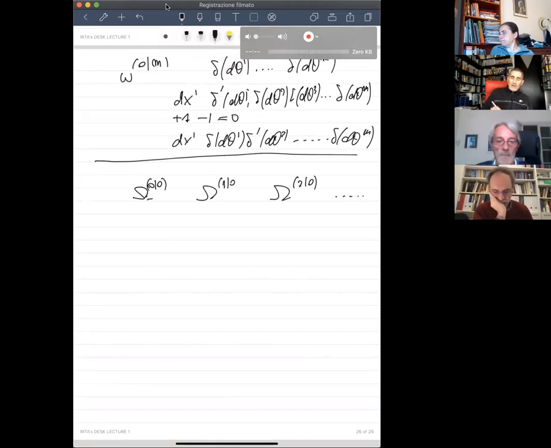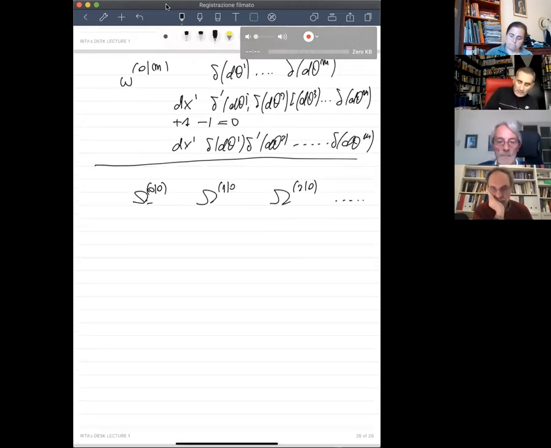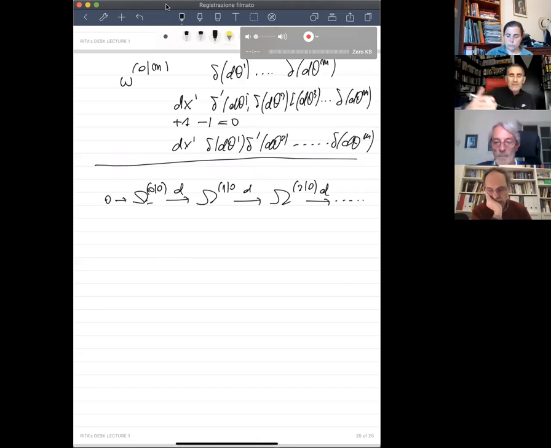Of course, this is a complex, so let me write it down, as usual, in this way, where on top of the arrows I put the differential d. So the differential d moves from one space to another space by increasing the form number. It doesn't touch the picture number, but increases the form number.